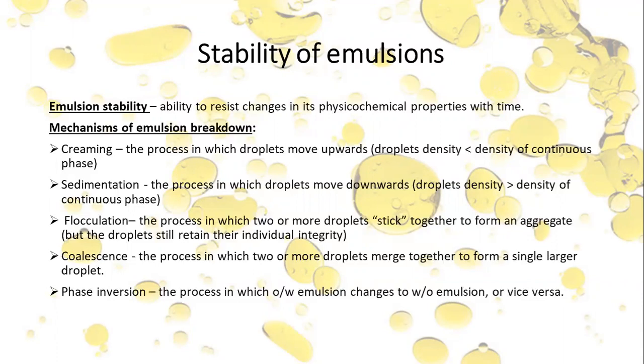Then poor experimental techniques often lead to incomplete emulsification. Hence, the conditions, including the sequence of steps, should be meticulously followed during manufacture. Besides the factors mentioned above, it is also important to prevent the growth of microorganisms. So, stability of emulsions is done.